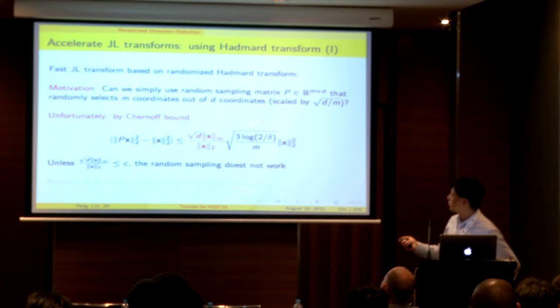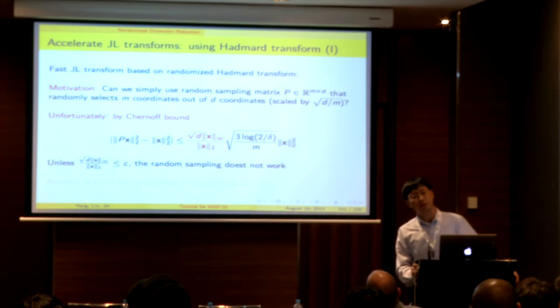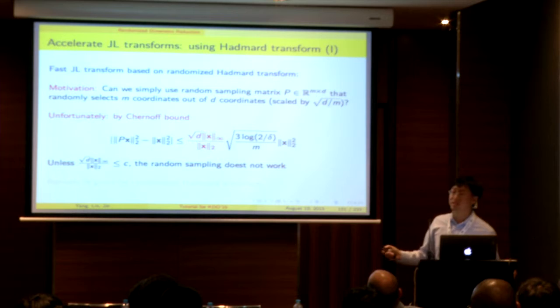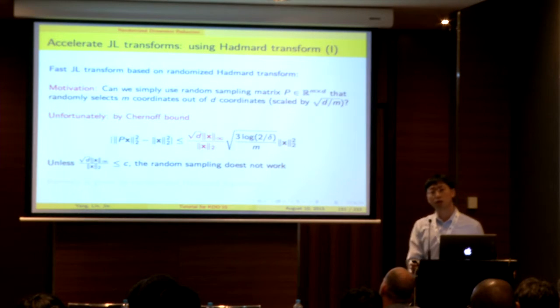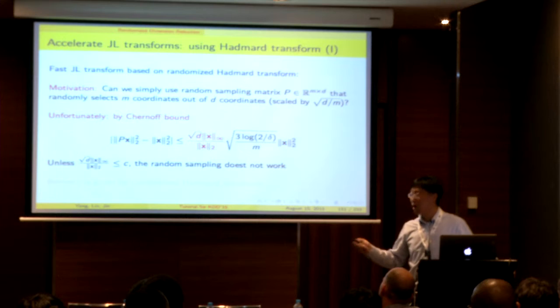This is the term that appears in the JL lemma, and this is the additional term we have: the infinity norm of x times the square root of d, divided by the L2 norm of x. Let's think about an extreme case when x only concentrates on one coordinate. The infinity norm would be equal to the L2 norm, so this would be a very large value, square root of d. This makes this bound not very useful.